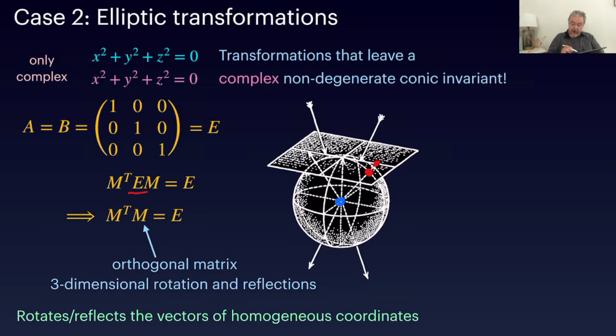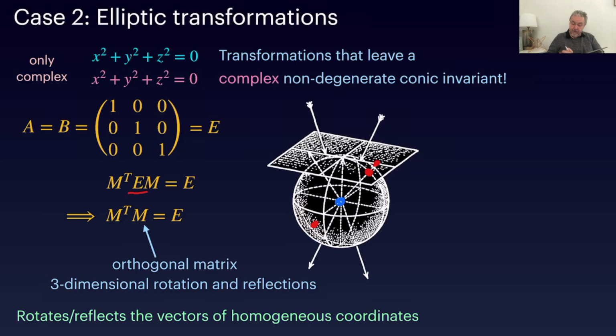So up to scalar multiple, you can identify this point with 2 points on the unit sphere that are in antipodal relation. So every point on the projective plane gets an antipodal pair of points here on the sphere. And what we're asking for, if we're talking about elliptic transformation, is rotations or reflections of that sphere.